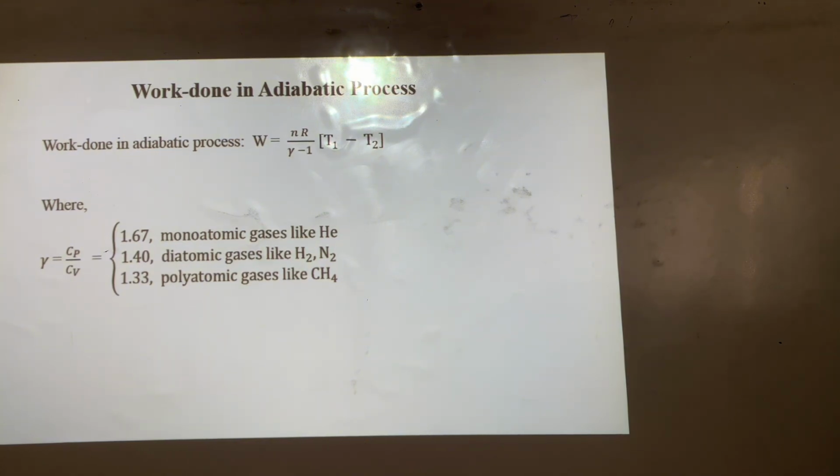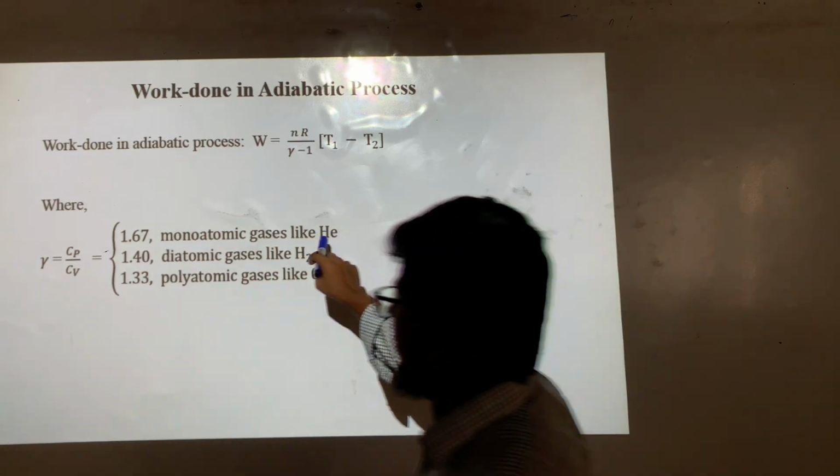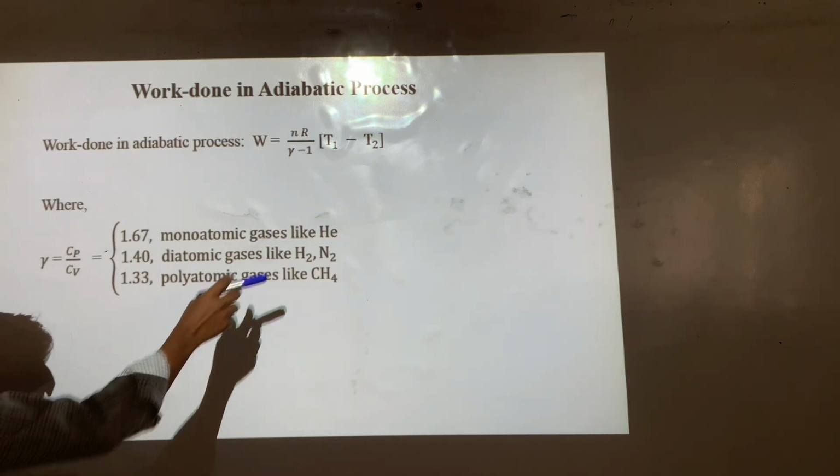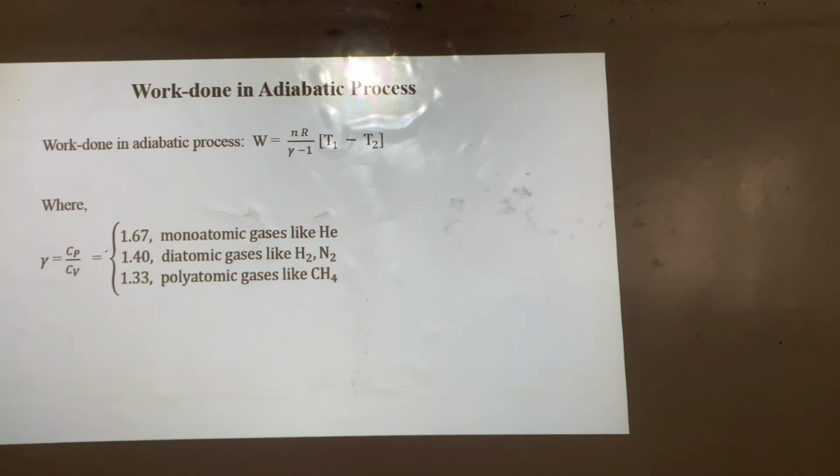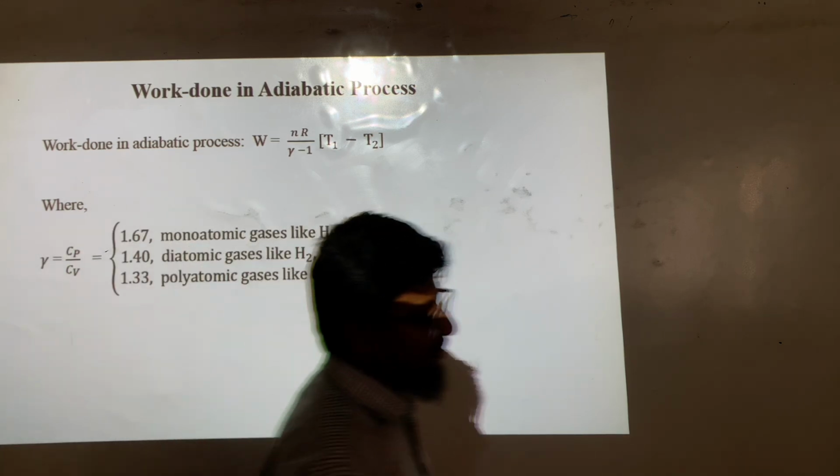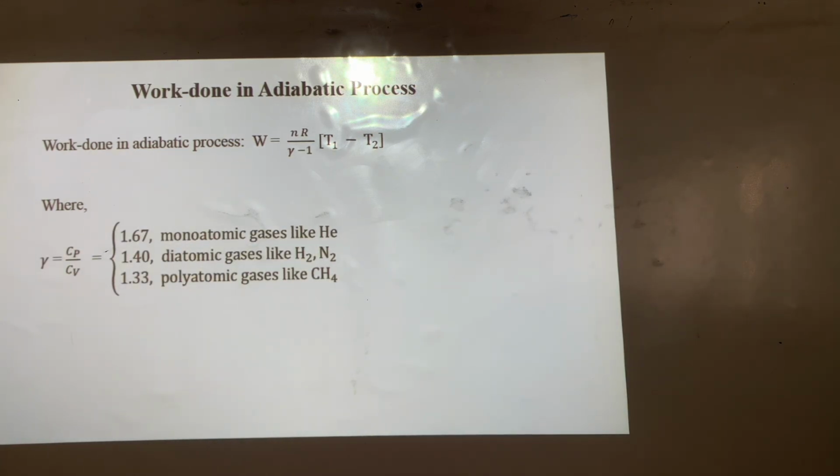For example, helium, which is a monoatomic molecule, meaning that it has only one atom, has a gamma value of 1.67. For a diatomic molecule, with two H atoms, gamma is equal to 1.40. And for polyatomic molecules like ammonia and methane, gamma is equal to 1.33.